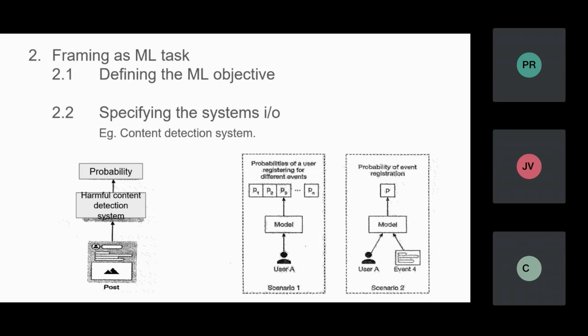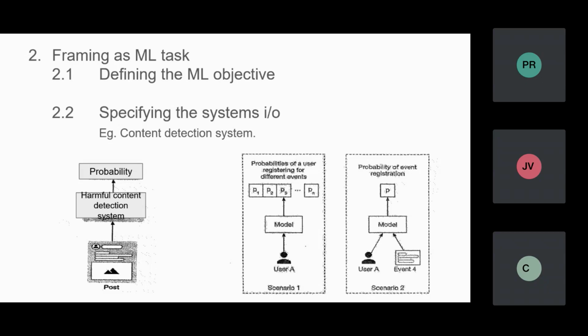In a similar way, we can also have a user's interaction and an event. In the second figure on the right hand side, you can see an event registration scenario, where in scenario one, the user's interaction with the model gives us various probabilities of how likely the user is to register for the event.